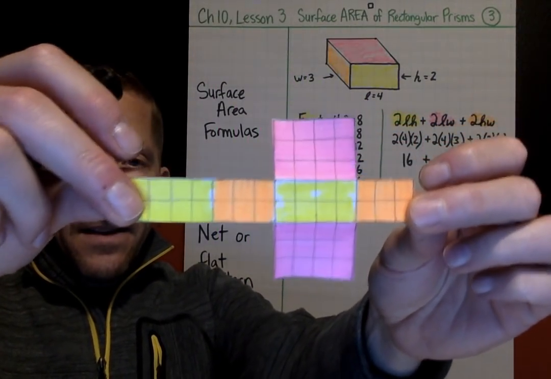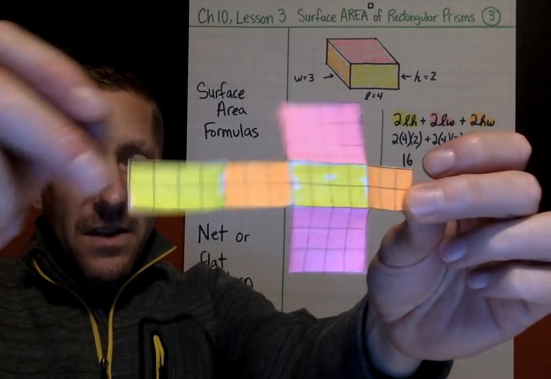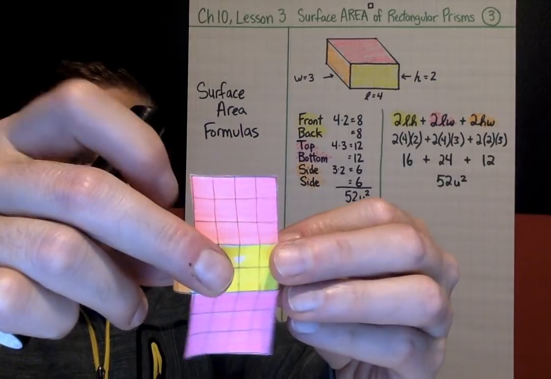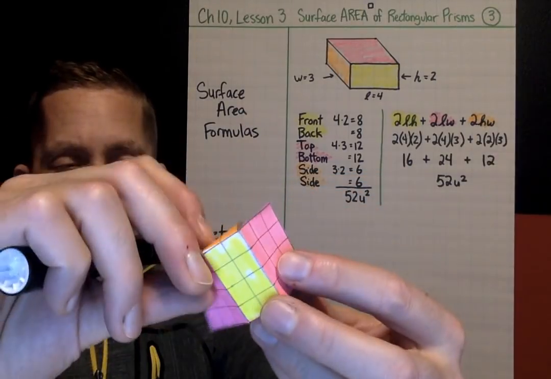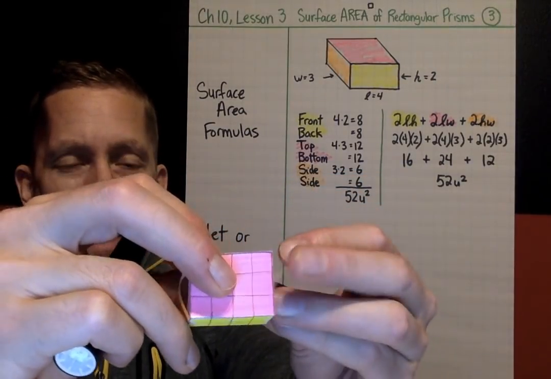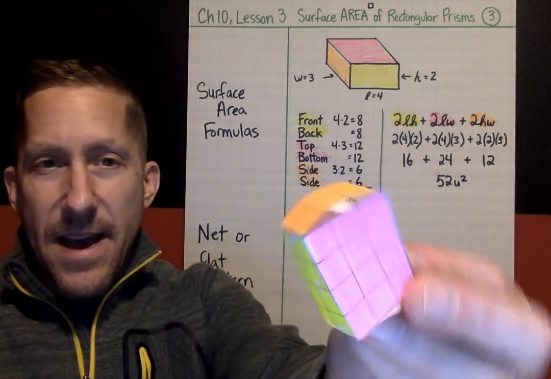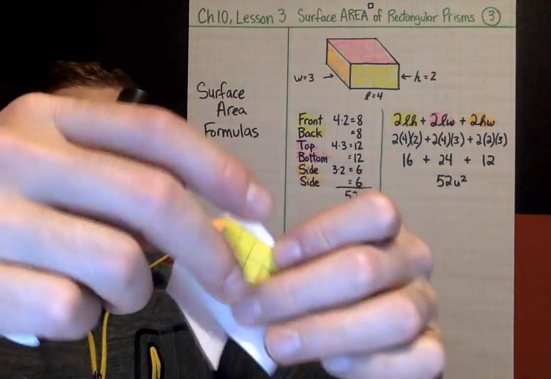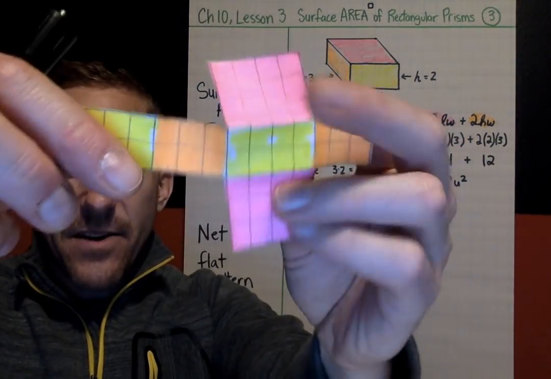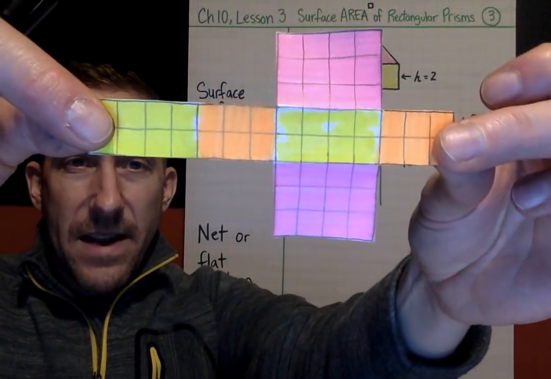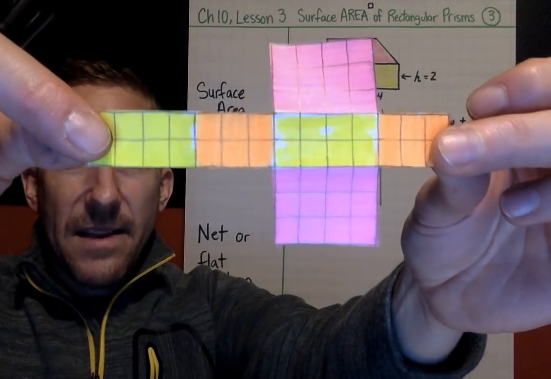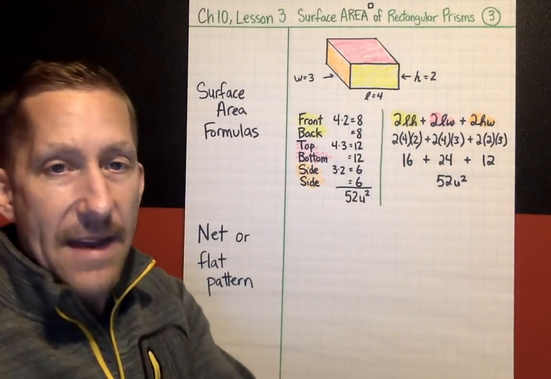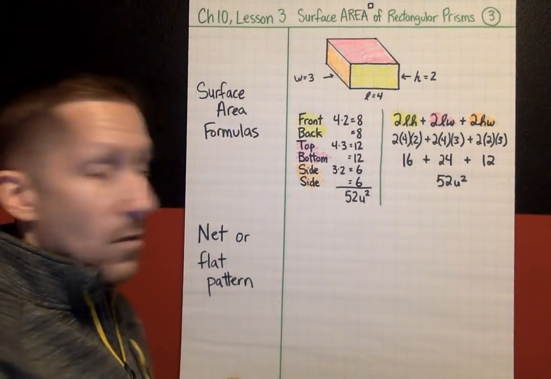It's a flat, 2-dimensional figure that just by folding you can create a closed 3D figure. So this thing that I made, if I fold it up carefully, I can make a 3D figure just by folding. Right now it's a flat pattern or a net, and just by folding I can make it into a 3D figure. That is a net or a flat pattern.